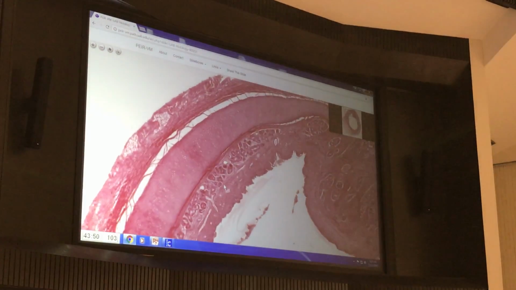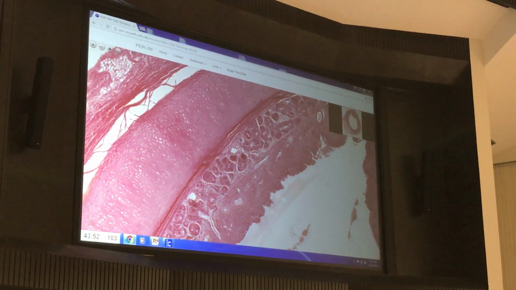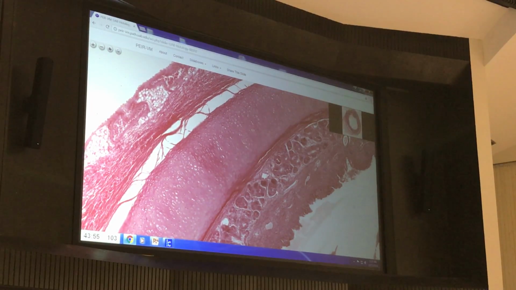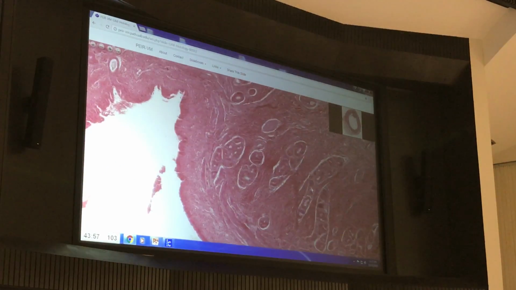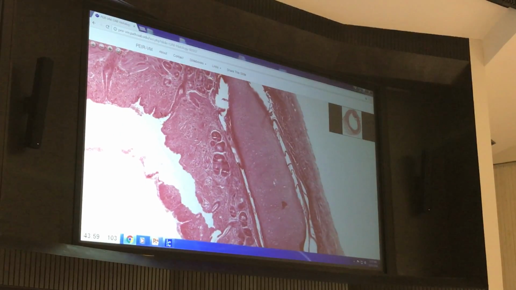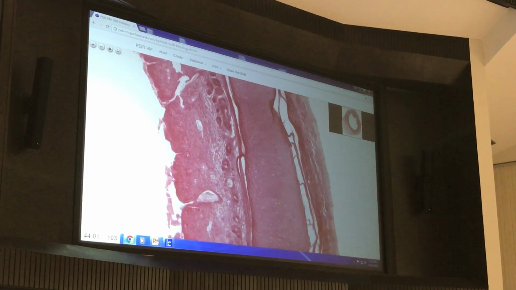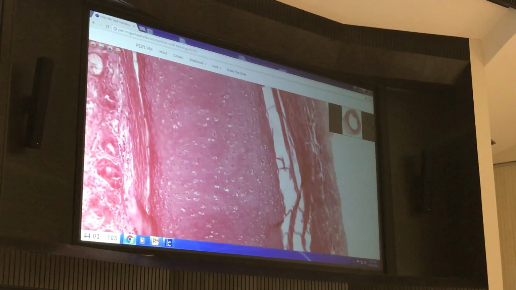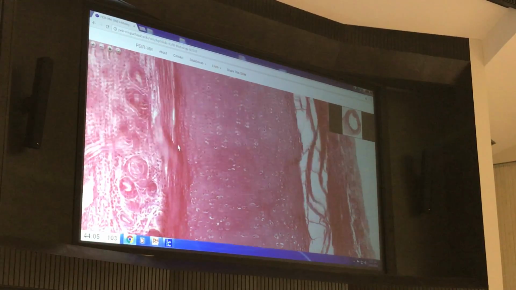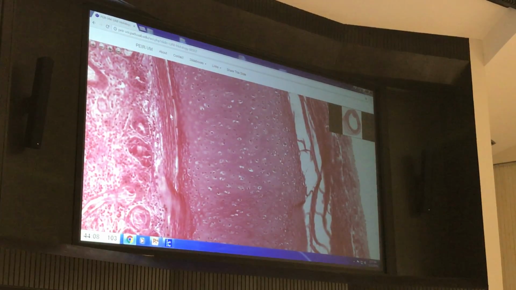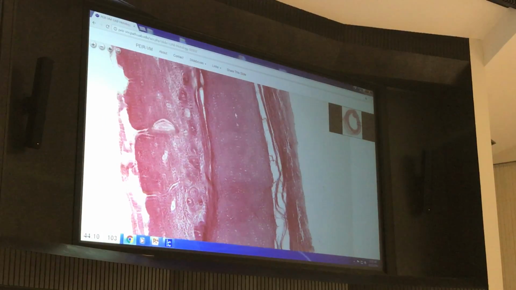One of the other places we see dense regular connective tissue is surrounding cartilage. So this is a piece of cartilage. Can you see this real dense layer of tissue here? This is actually dense regular connective tissue.